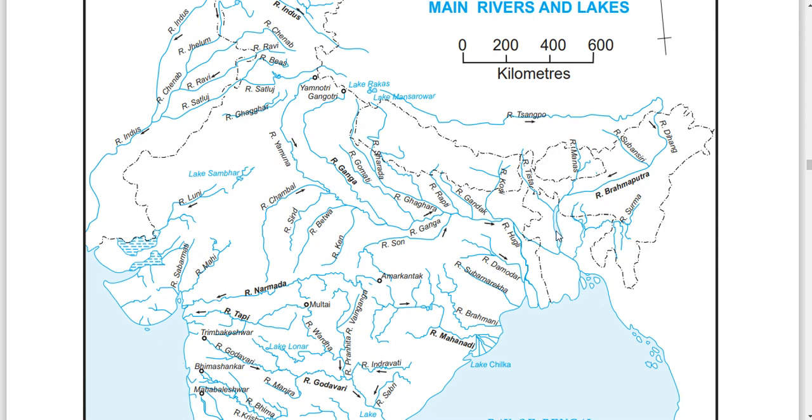See, this is going to Bay of Bengal from here. Hooghly River, Surma River. Brahmaputra name is Dihang in Arunachal Pradesh. Another river coming to it is Subansiri River.